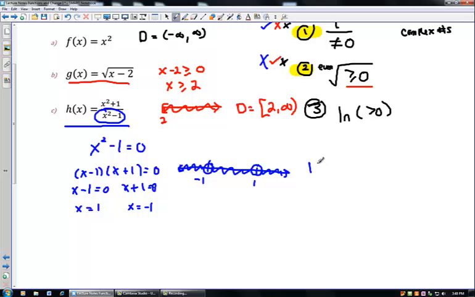And so my domain D would equal all numbers to the left of negative 1, but don't include negative 1, so I draw a parenthesis here. Then I'll draw this symbol, which is a U for union, and then I go from negative 1 to 1, then union, so that's the middle piece, then union 1, comma infinity. And so that's my domain for C.